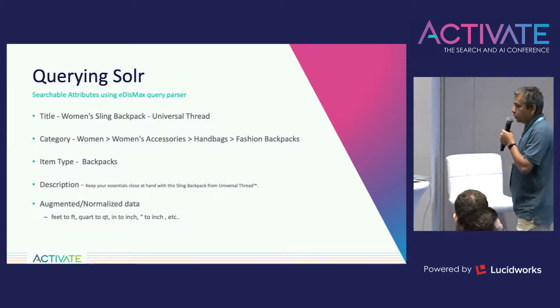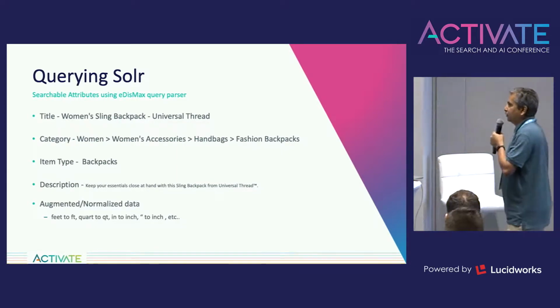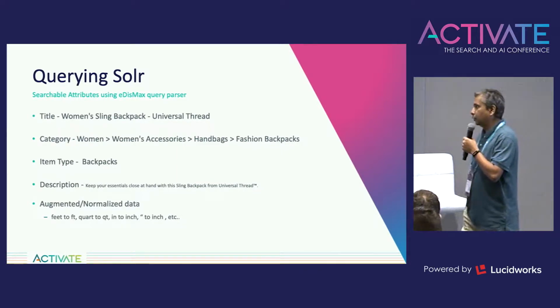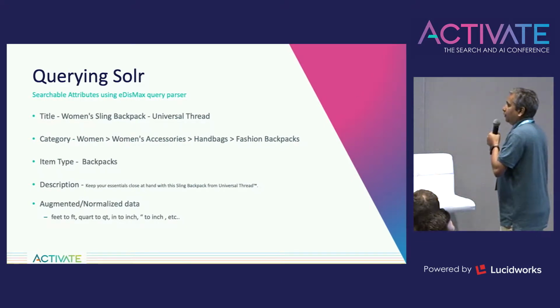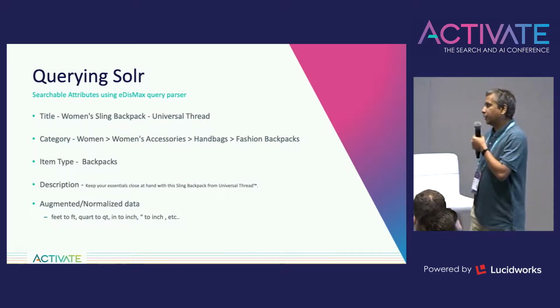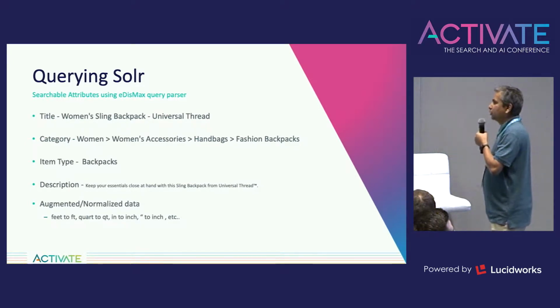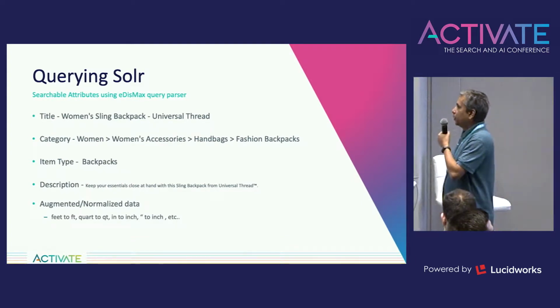On querying Solr itself, we use Edismax as our query parser, and there are a bunch of attributes that we would query on. Some examples: the attributes could be based on title, for example, women's sling backpack.